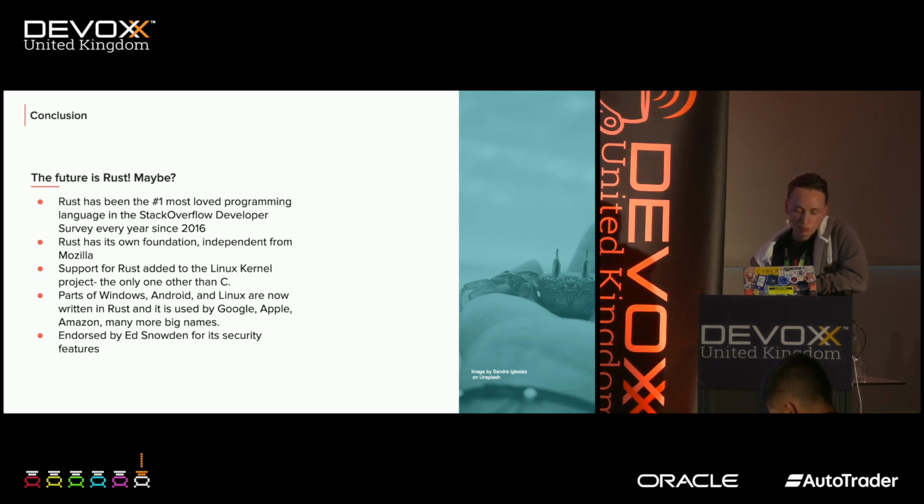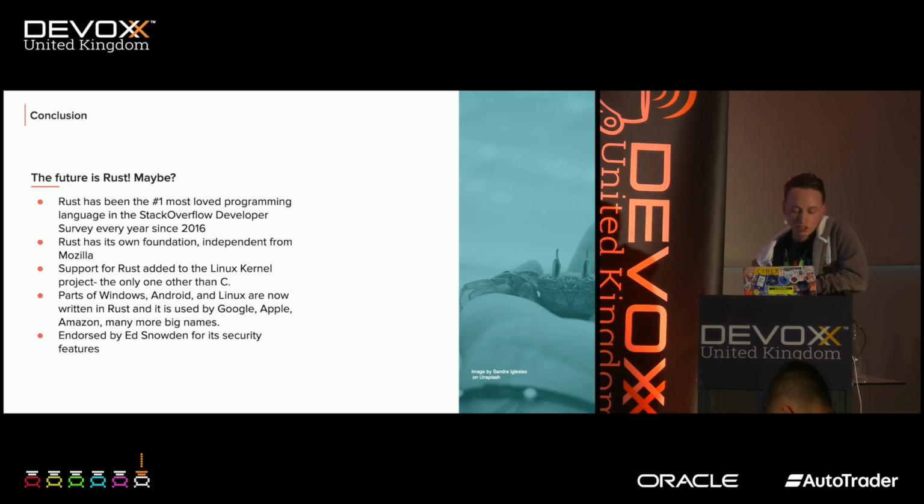There is support for Rust. Rust has been added to the Linux kernel project, so Rust is now the only language other than C that has been trusted to actually modify the Linux kernel, and I think that's a really strong testament to the sort of trust it's gaining. It's also become part of Windows, Android, and Linux, and many companies like Google, Apple, and Amazon are investing in Rust and writing all sorts of software in it.